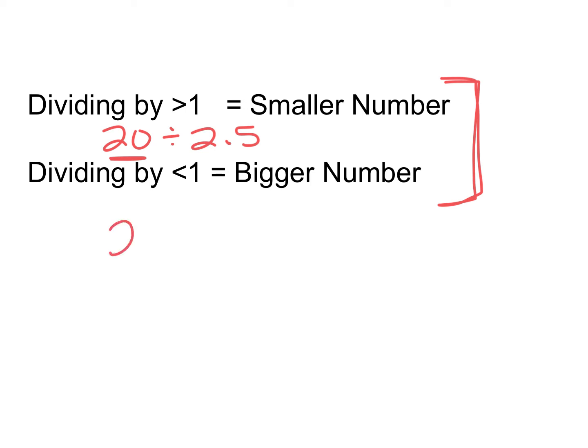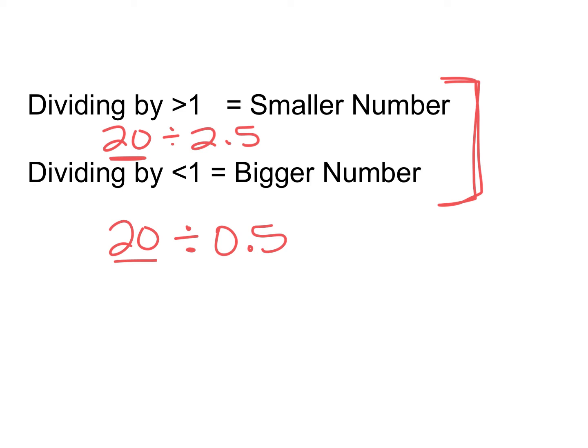So again, if you were to take 20, but now you are dividing it by 5/10, your answer will be bigger than the 20 that you started with, because you are taking 20 and you are splitting it into very small pieces. Like if you have 20 cookies and you split all of them in half, you will now have 40 pieces of cookie. You have more than you start with.